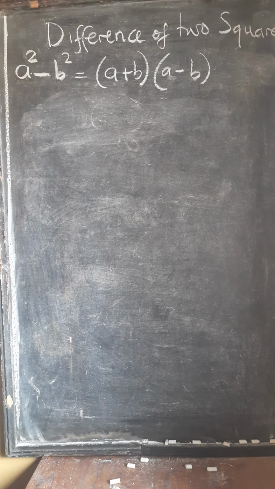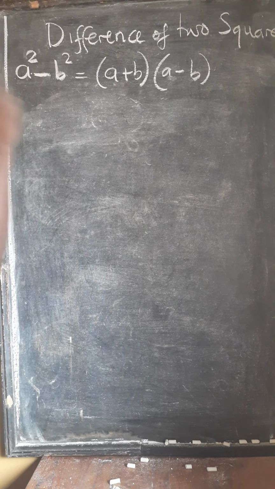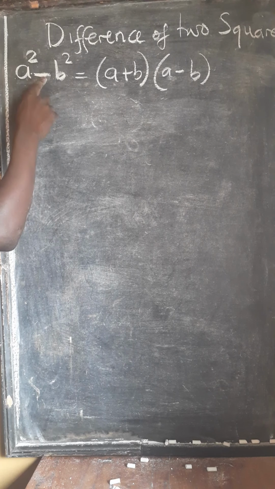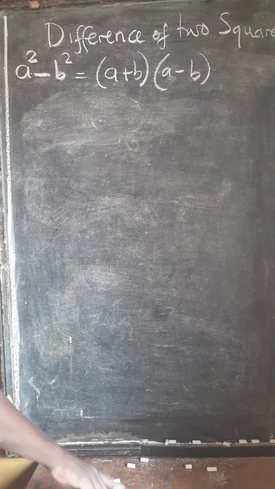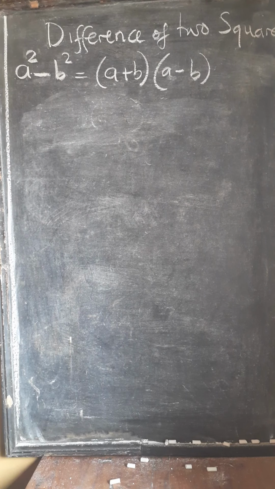We've got these two terms that are squared here. So you make sure that you've got a difference. Here we should have a minus, and then the two terms should be squared. That is very important. So we should make sure that we achieve that.